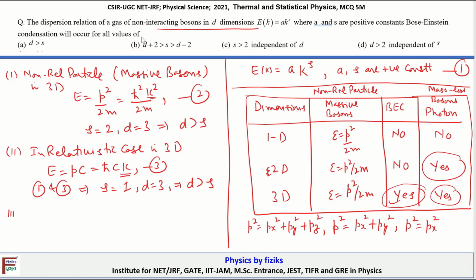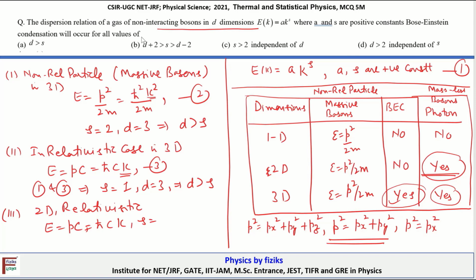And in the third case, for 2D relativistic, now we are talking about this case where the BEC, Bose-Einstein condensation, is feasible in 2D, but now the relativistic case. So E is equal to Pc, where P is given by this relationship now. It's a two-dimensional case, so that is equal to h cut c k.